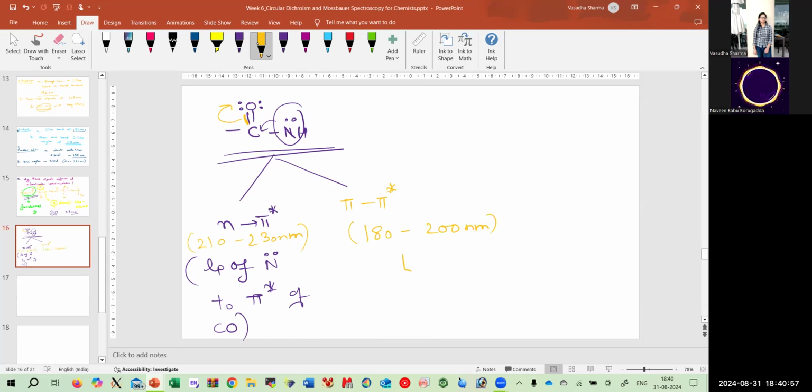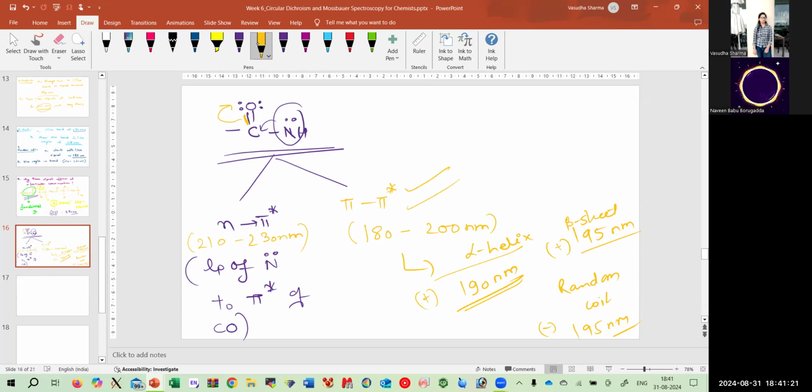So that is why, when we said alpha helix, beta sheet, and random coil, all three of them had one signal specifically at the 190, 195, and 195 region. This was positive, this was negative, and this was also positive.